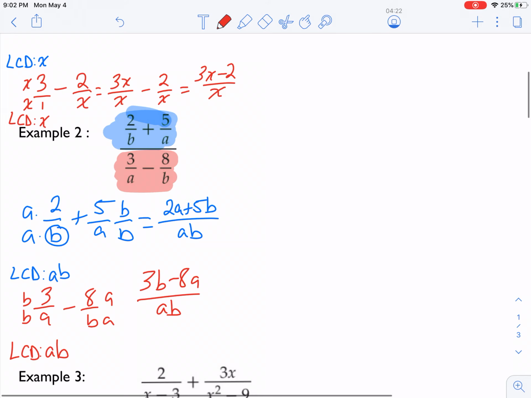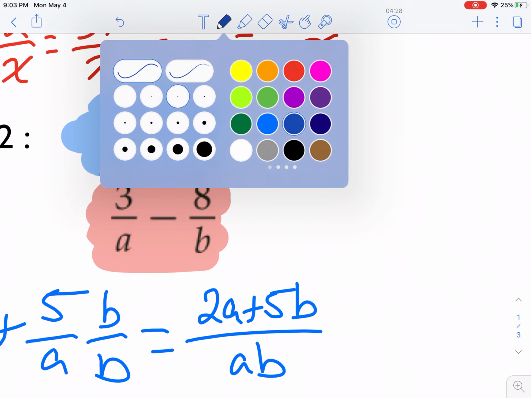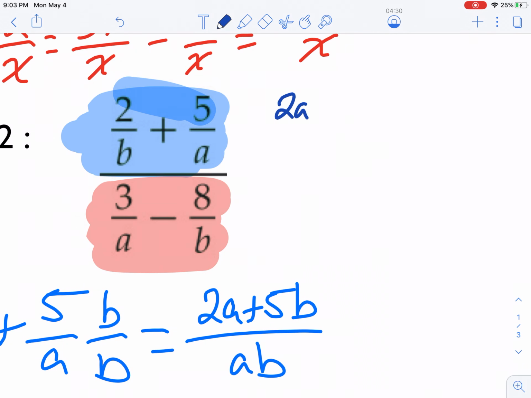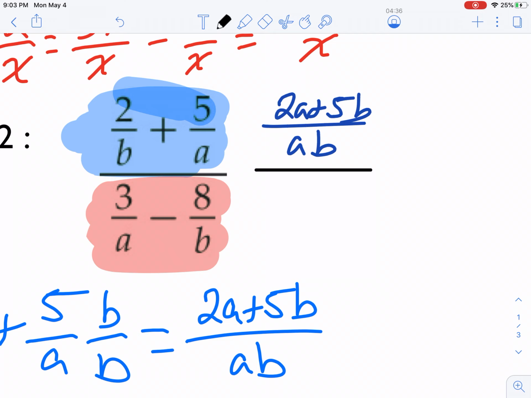Alright, so at this point, my top is now 2A plus 5B over AB. My bottom is 3B minus 8A over AB.